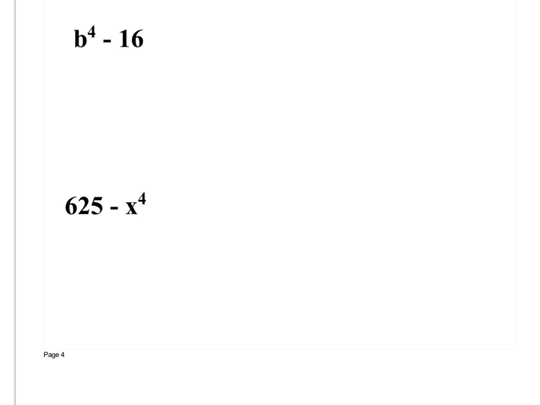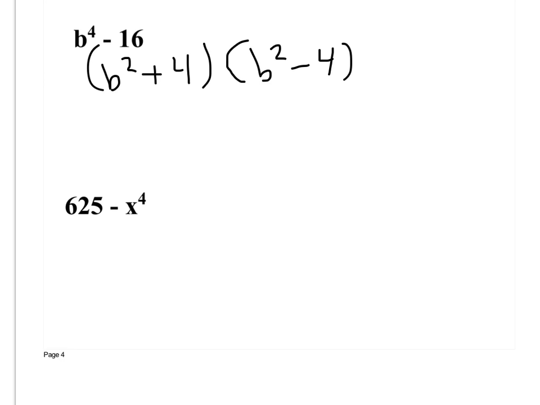b to the fourth minus 16. This is a difference of squares. So I'm going to square root b to the fourth. I get b squared plus 4, and I've got b squared minus 4. But I'm not done, because I see this is a difference of squares as well.